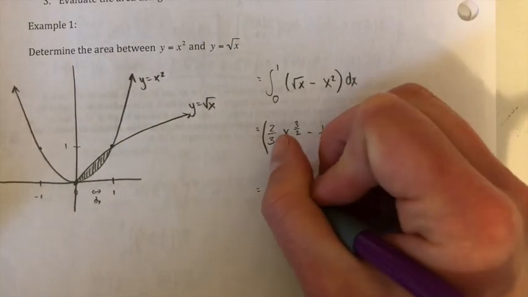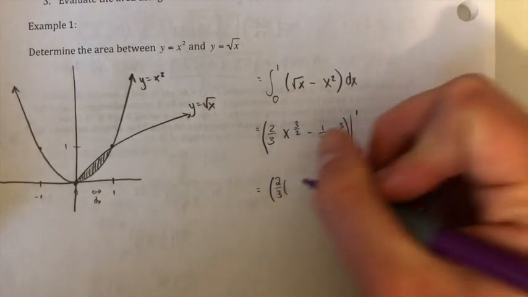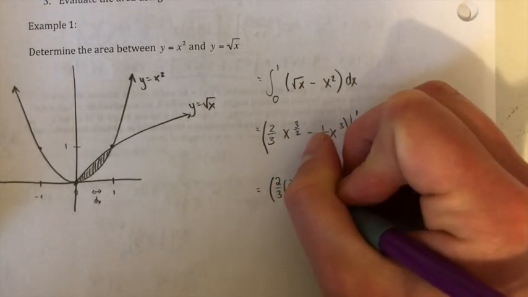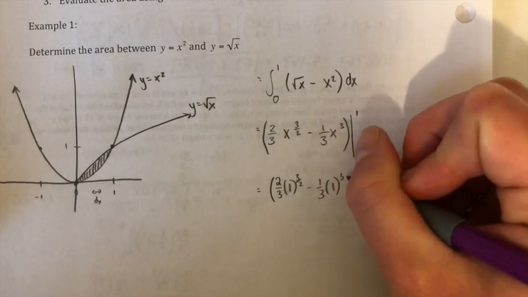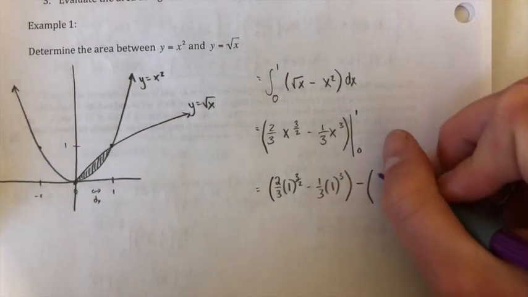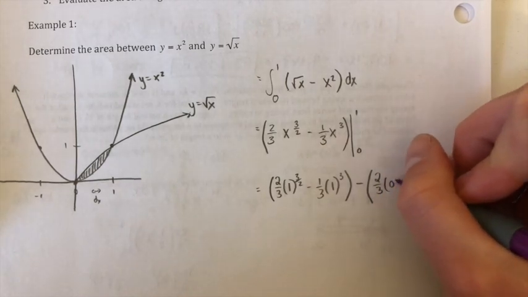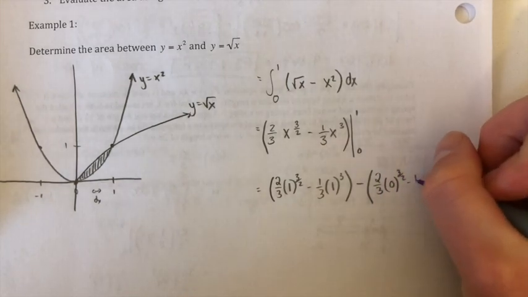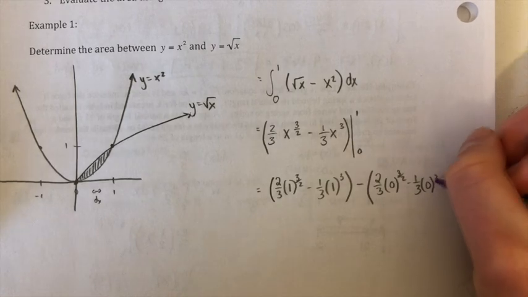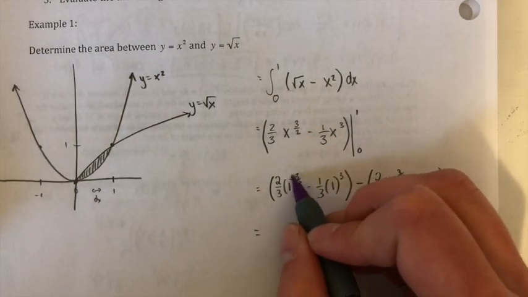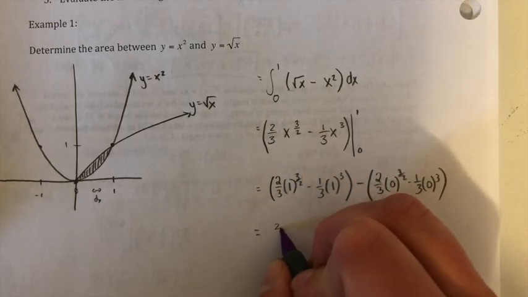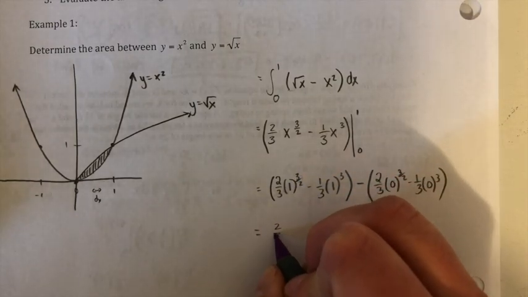So it's going to be 2/3 times 1 to the 3/2 minus 1/3 times 1 cubed, minus 2/3 times 0 to the 3/2 minus 1/3 of 0 cubed. So this whole thing is 0. 1 to the 3/2 is just 1, so this is just 2/3.